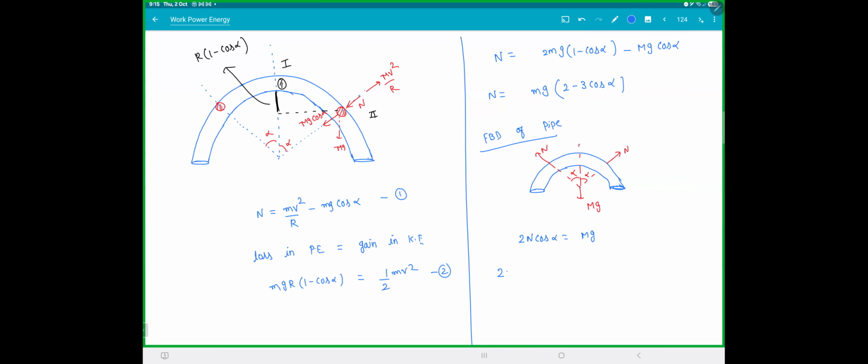This will be 2 mg (2 minus 3 cos alpha) into cos alpha is capital Mg.